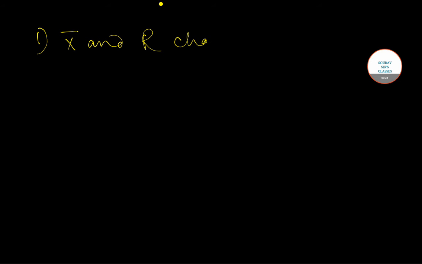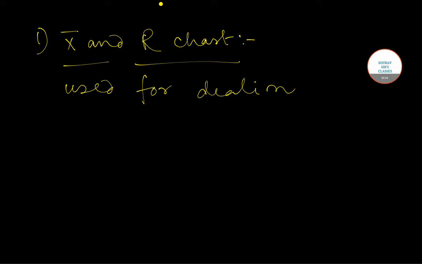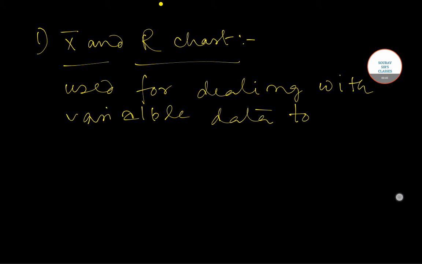X bar and R chart is mainly a mean and range chart. They are mainly used for dealing with variable data to monitor the quality of a manufacturing process.